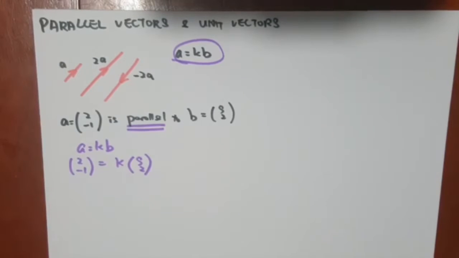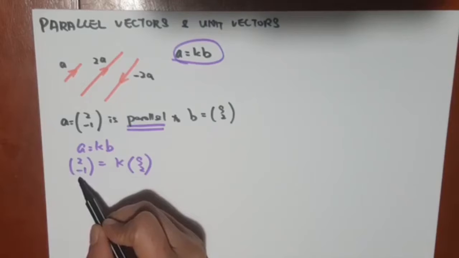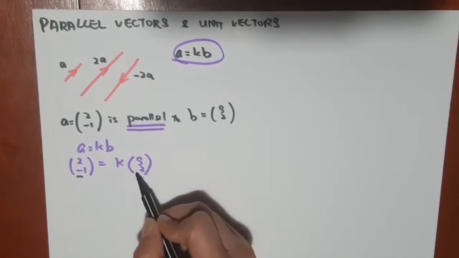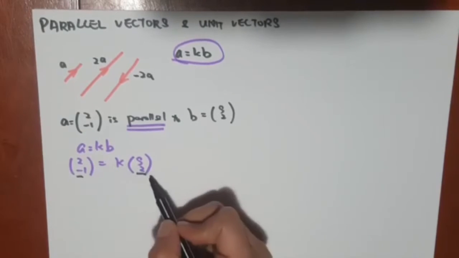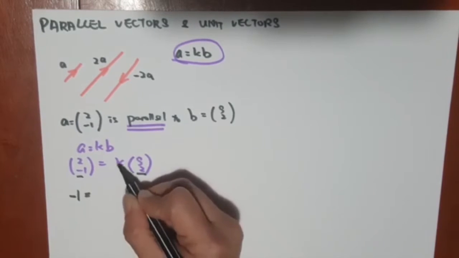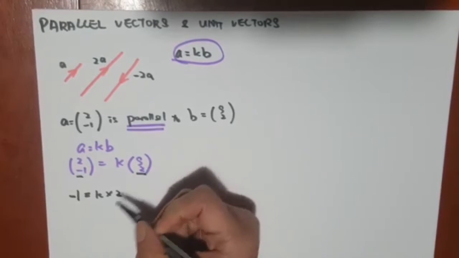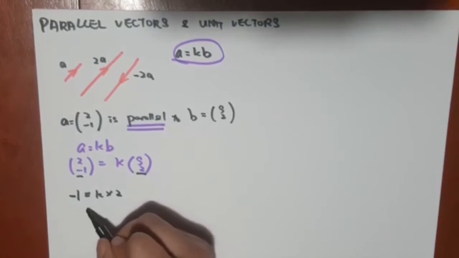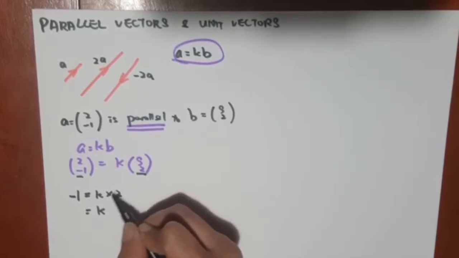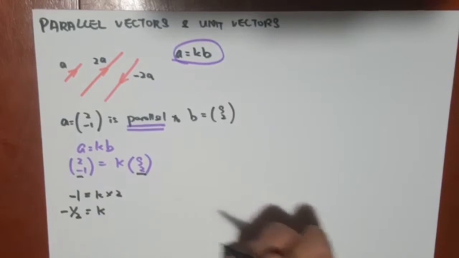In order to find the value of S, we could start by looking at the bottom number first. So in this equation, it means that negative 1 equals K times 2. In order to get my value K, I have to shift my 2 down. So my K is actually negative half.